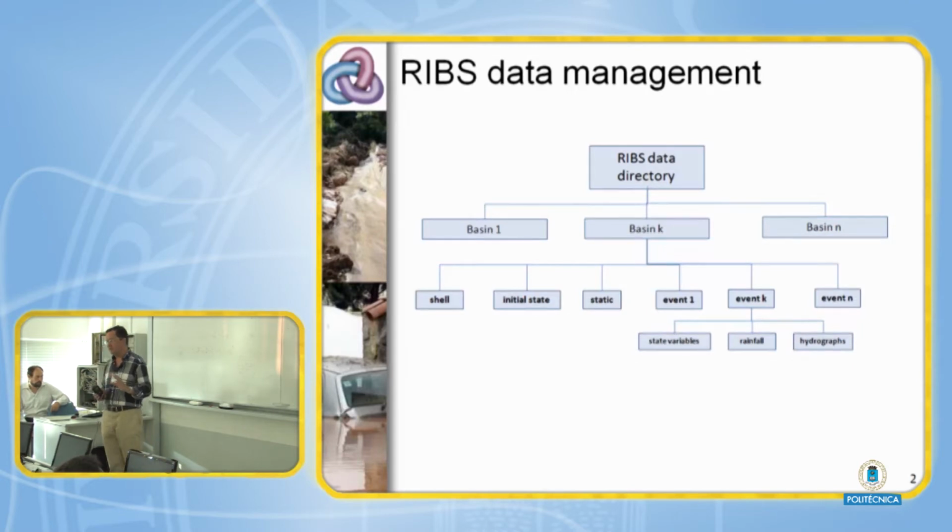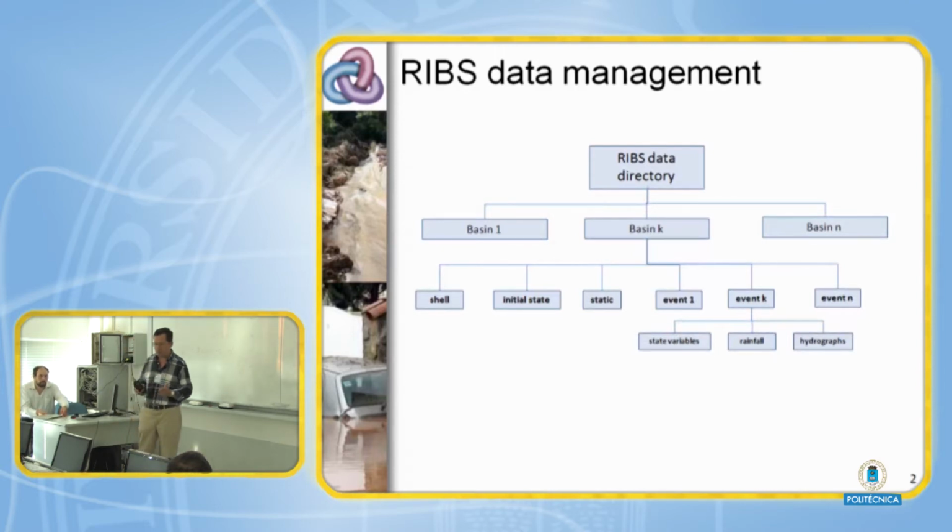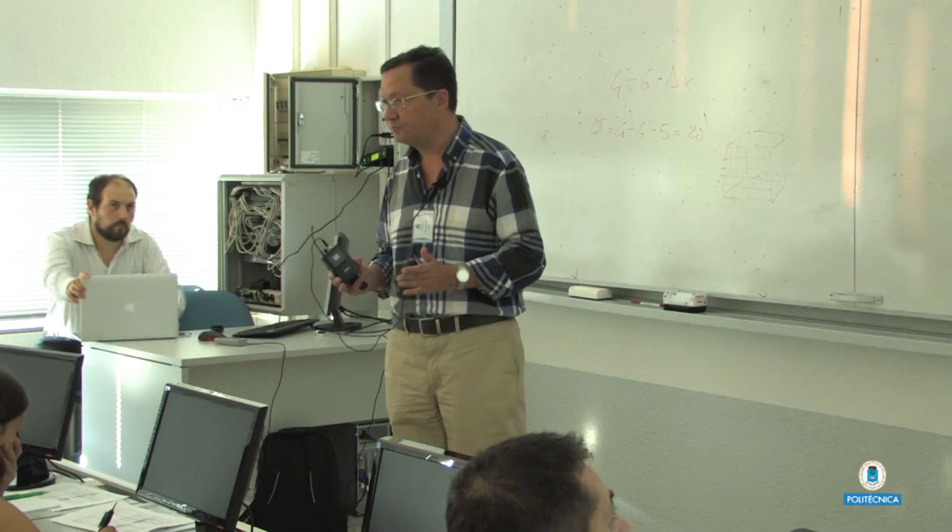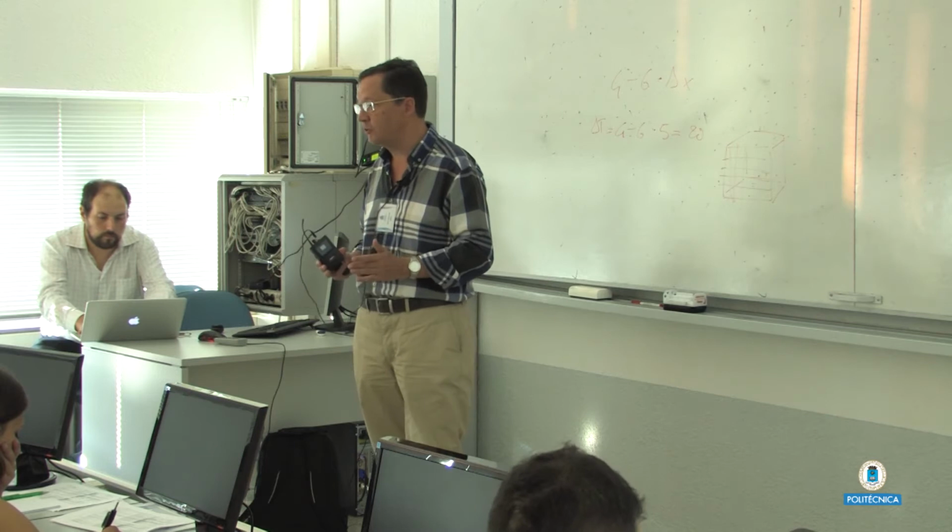So the idea is that the model run will be executed in an unknown machine, in an unknown place, but under certain control conditions. We will have a directory where our model configuration files will be stored and where the job will be executed.